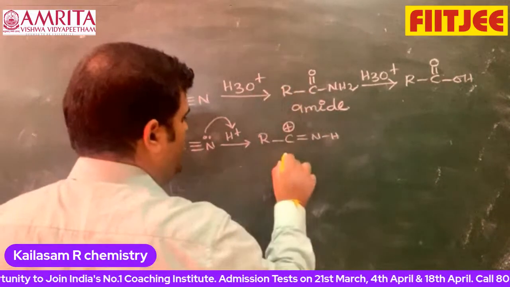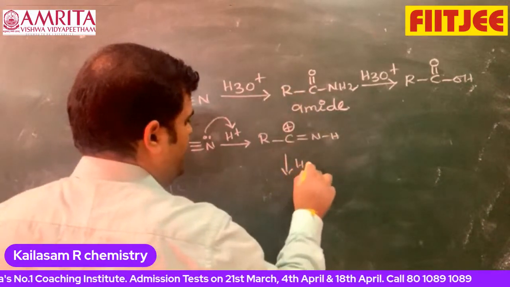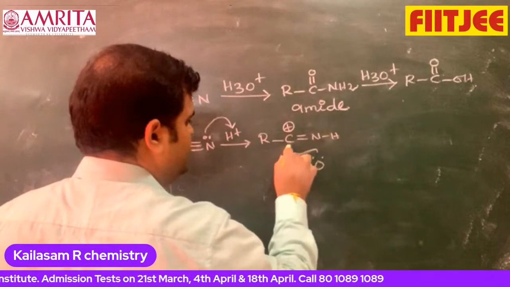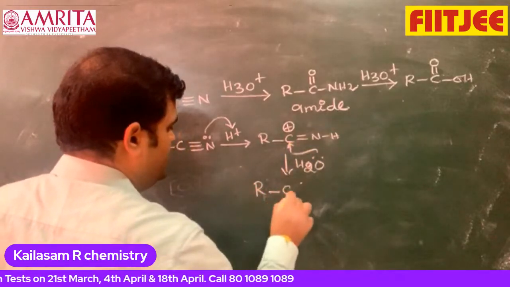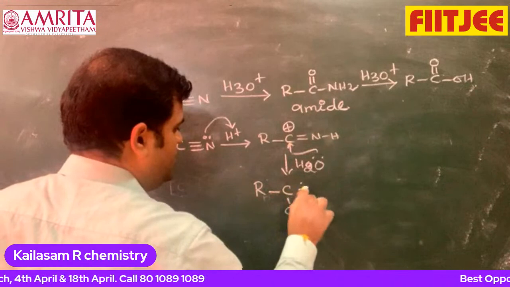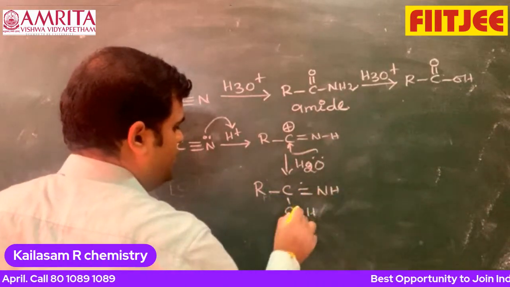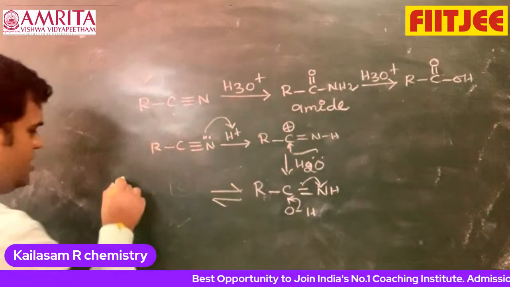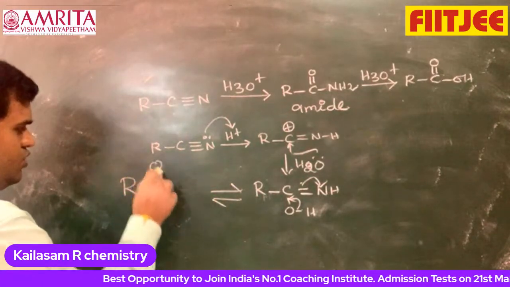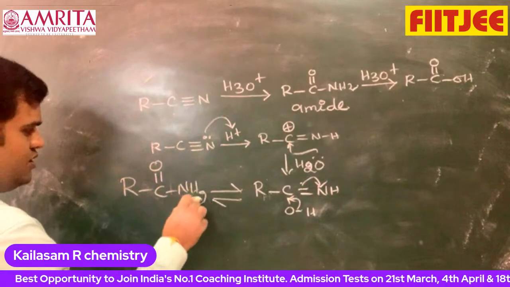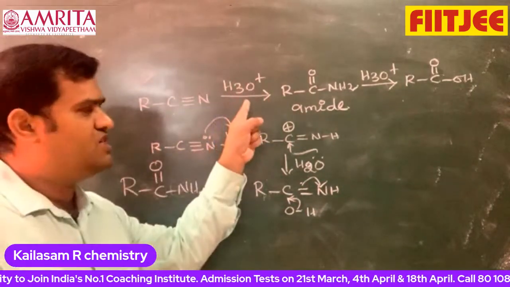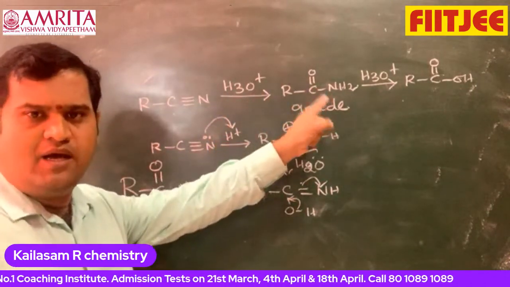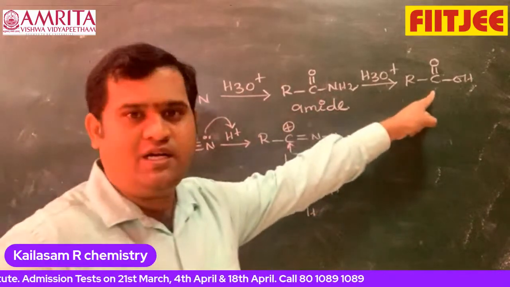Now again the water molecule attacks, and we begin with R C OH double bond NH. Now this bond goes, tautomerism takes place, and I am going to get R C double bond O NH2. Partial hydrolysis gives the amide. If complete hydrolysis, I am going to get carboxylic acid.